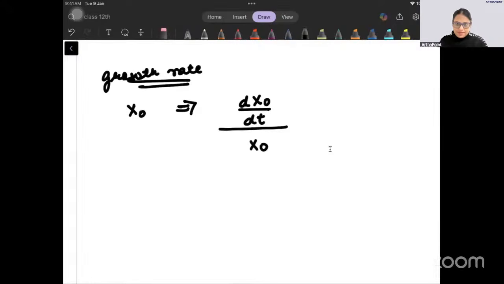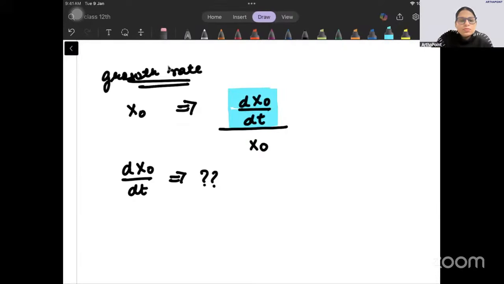Can you tell me in the chat कि what is dx naught by dt called बेटा? इसको क्या बोलते हैं? Anyone? What is dx naught by dt called? अगर मुझे सिर्फ numerator देखना हो तो इसको मैं क्या बोल सकती हूँ? No. Think. Change of variable as time changes, okay, but what is that word called?